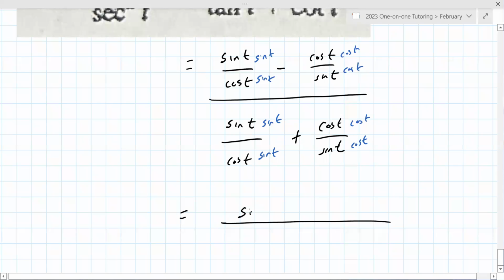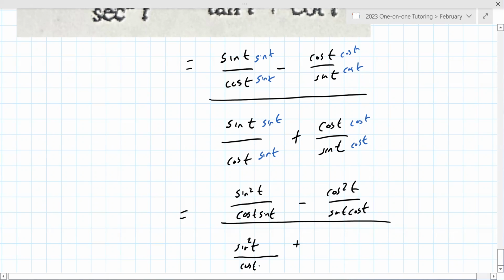So we got sine, sorry, let me get the numerator. Sine squared t, cosine t, sine t. Sine t, sine squared t plus a lot of rewriting, everything's kind of the same.